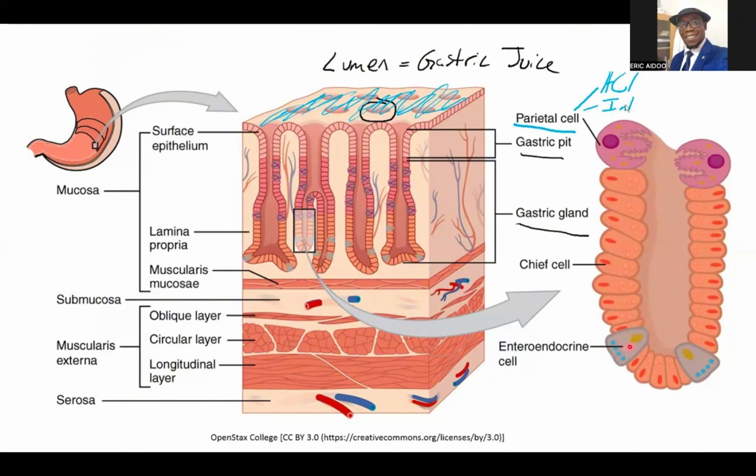So that is what you find here. These are the chief cells. Those are the parietal cells. That is submucosa, the blood vessels showing. The muscularis externa: oblique layer, which is innermost, then circular layer, then longitudinal layer. So you can see again the pattern of the orientation of the muscles. And that's serosa there.